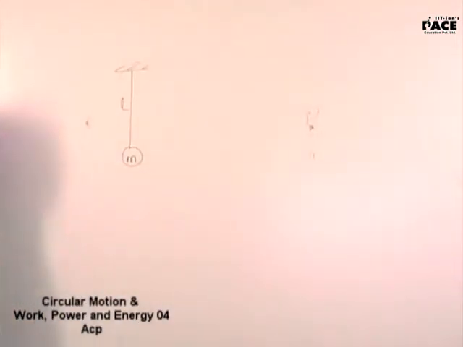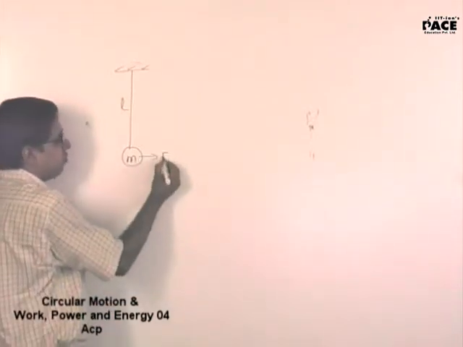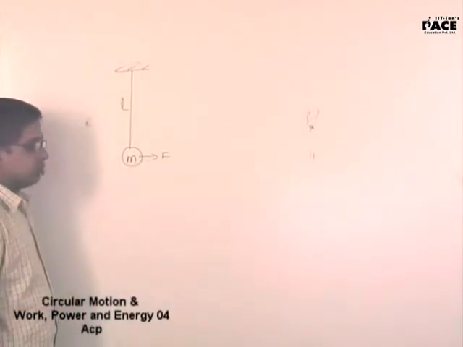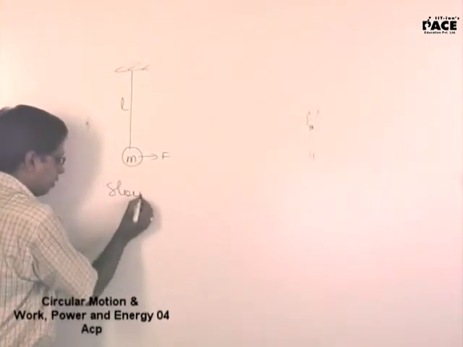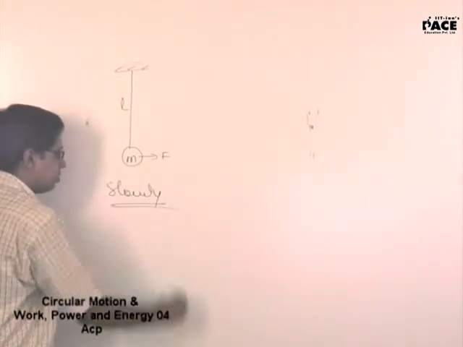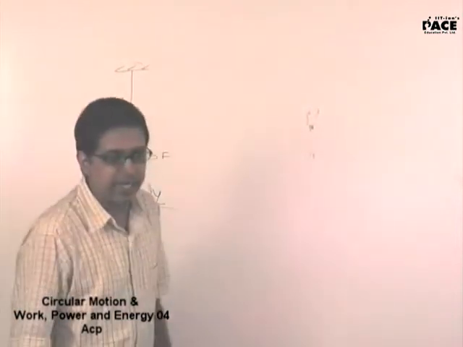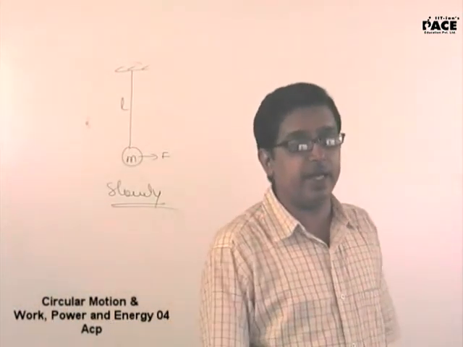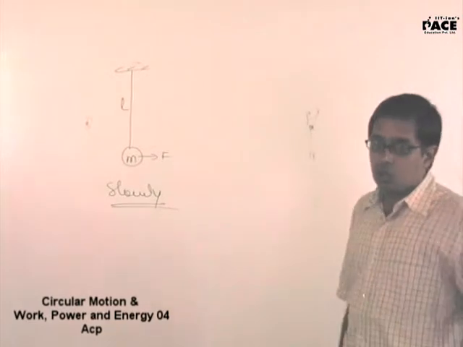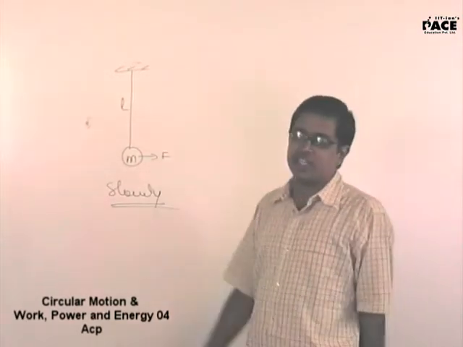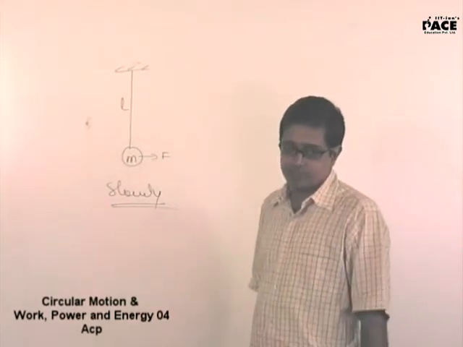This is a simple pendulum of length L and mass M. I am pulling this with a force of F, slowly. Whenever this word is used in physics, it implies we are indicating uniform speed. Slowly, uniform speed, so the change in kinetic energy is almost zero.